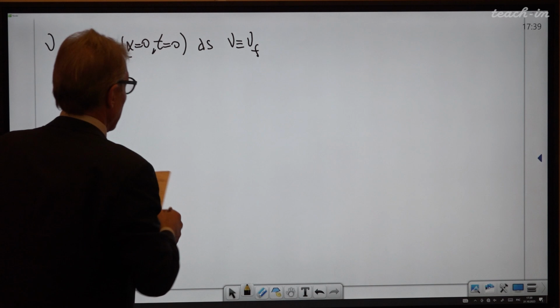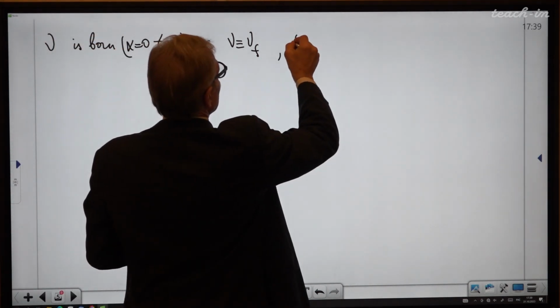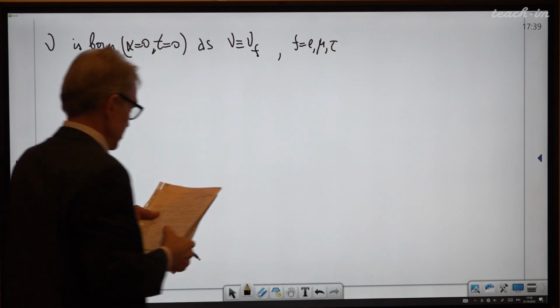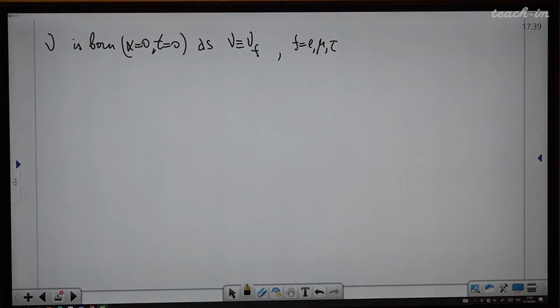F can be electron, muon, or tau. This is a realistic situation when a neutrino is produced in the source.